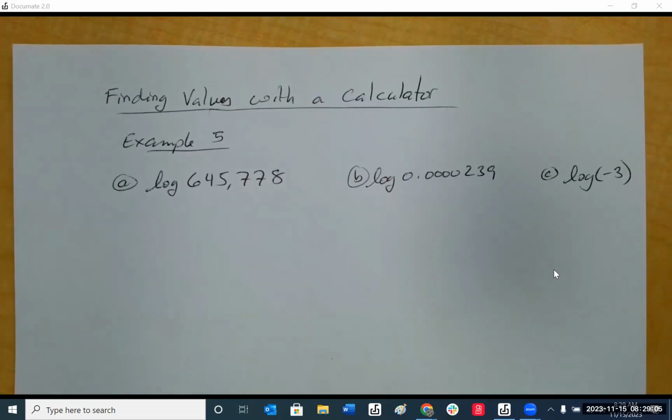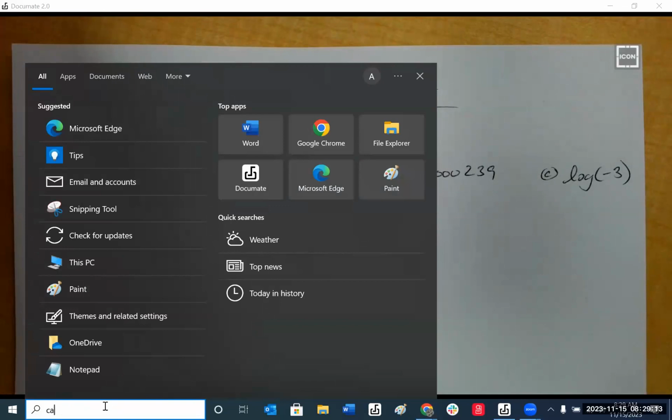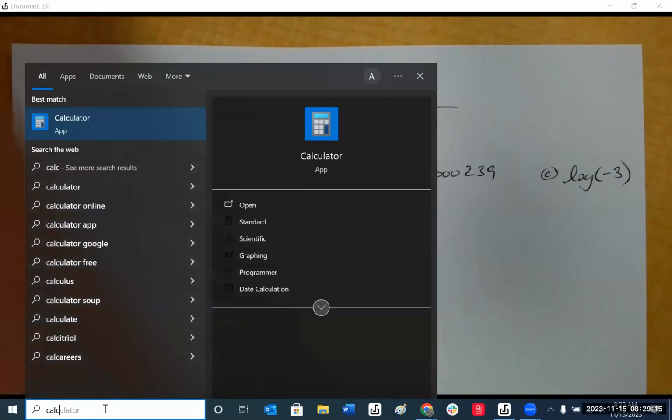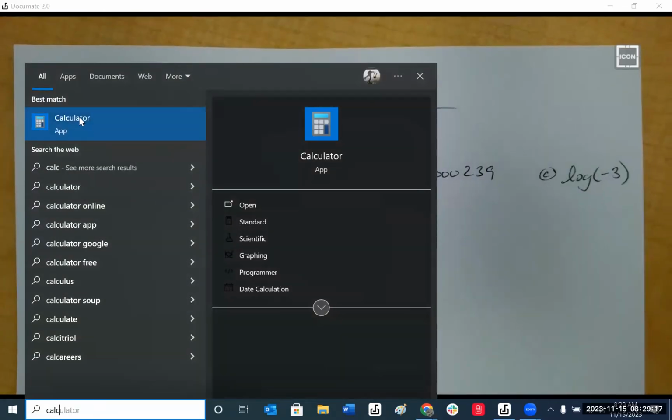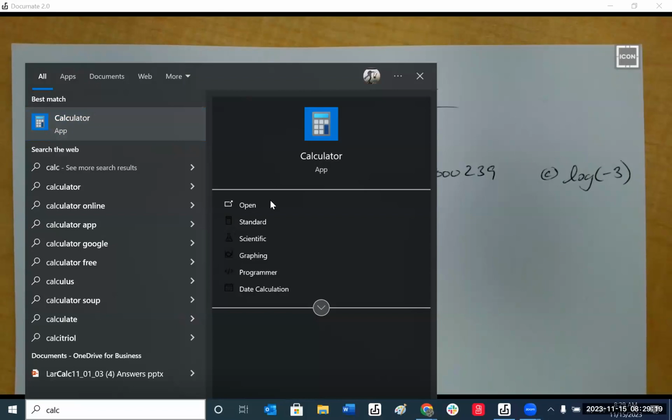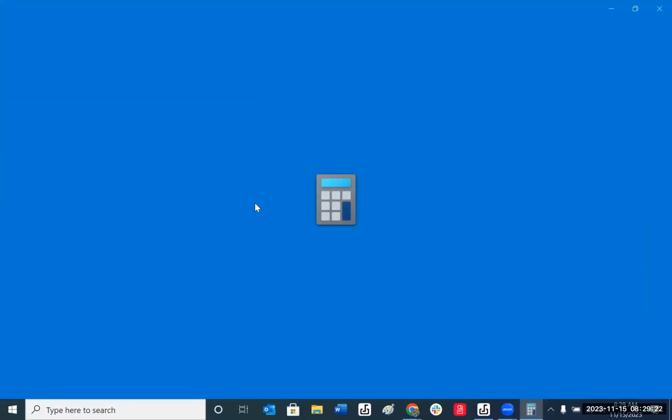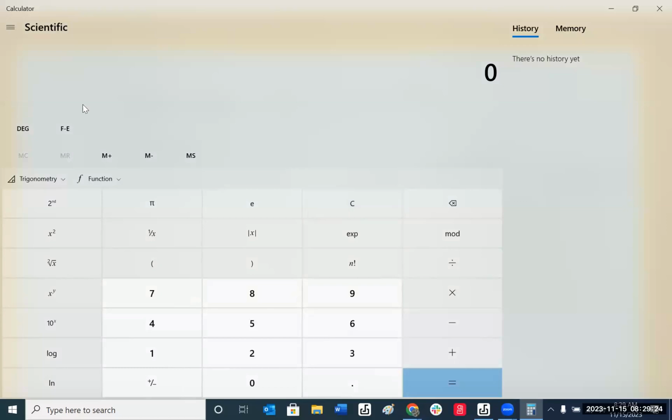Again, I don't know why they put this in here. If you have a calculator, you have everything here.